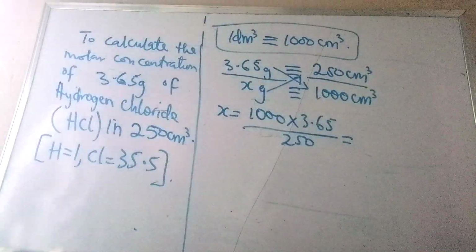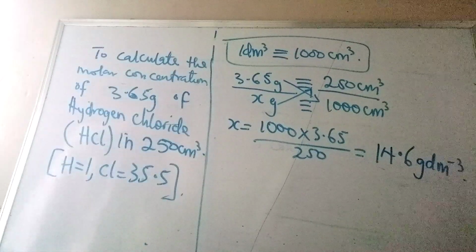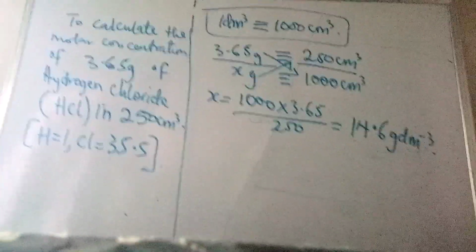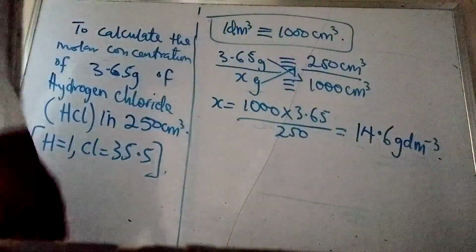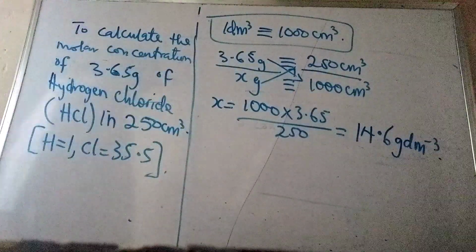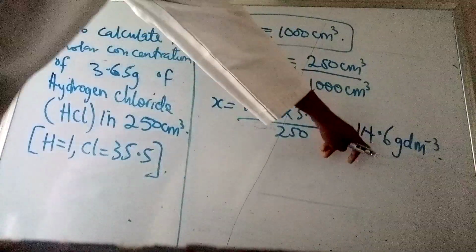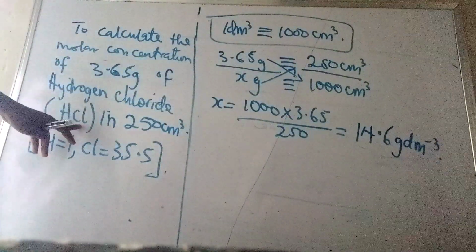What would that give us? That gives us 14.6 grams per dm cube. And this is the mass concentration of this HCl.